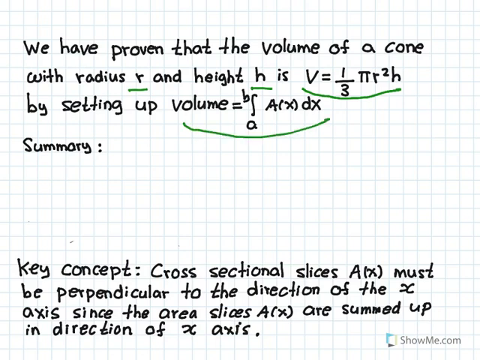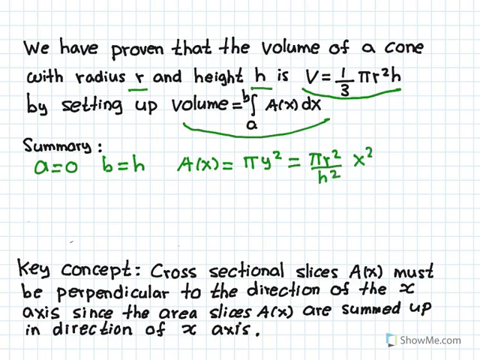So let's summarize. We have a equals 0, b is equal to h, the cross-sectional area A(x) is pi y squared. Then we applied similar triangles and got y in terms of x. So then the cross-sectional area as a function of x became pi r squared over h squared times x squared. Then we were able to find the volume because the cross-sectional area is a function of x.